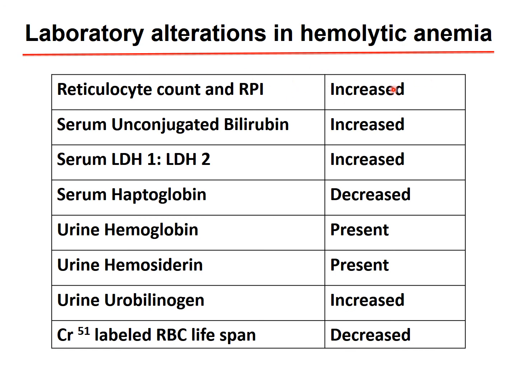Reticulocyte count increases, unconjugated bilirubin increases, LDH activity increases, haptoglobin decreases when we have an intravascular hemolysis, urine hemoglobin is there, hemosiderin is there, urobilinogen is increased, and when they measure the Cr51-labeled red blood cell lifespan, that's usually decreased.